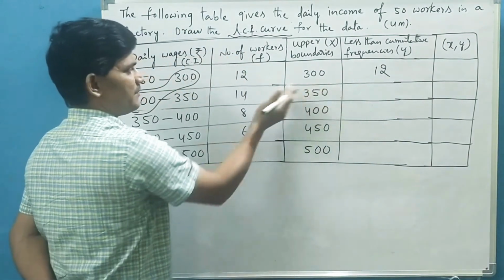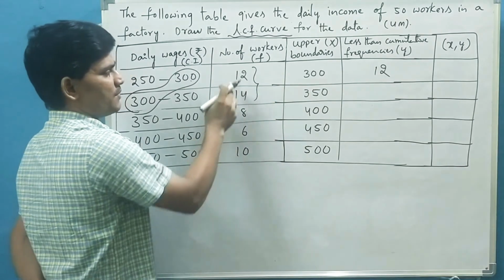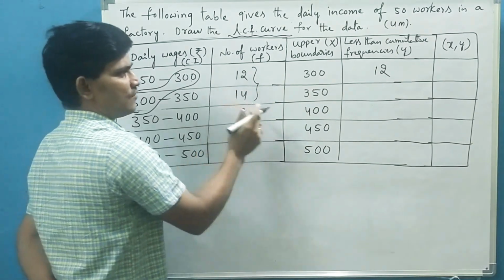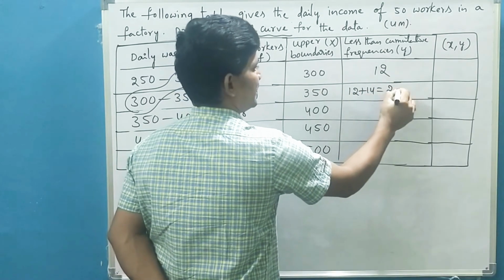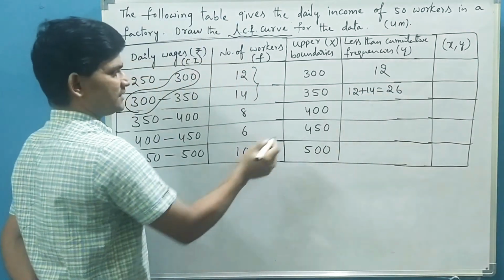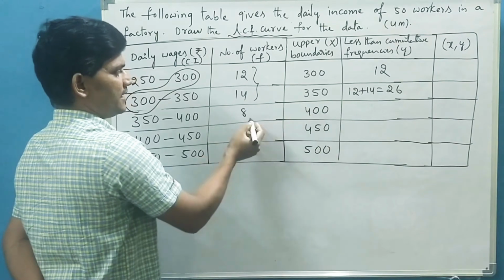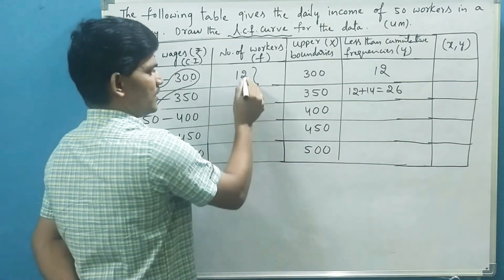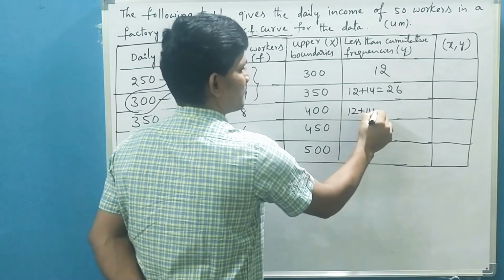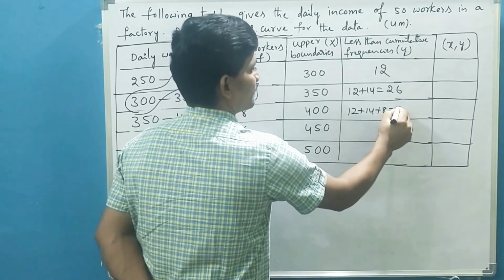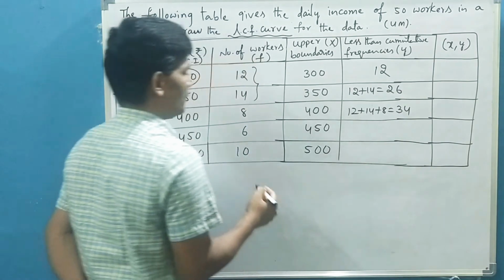Less than 350 means you have to take the sum of these two, that is 12 plus 14, which makes 26. Less than 400, that is 12 plus 14 plus 8, which is 34.